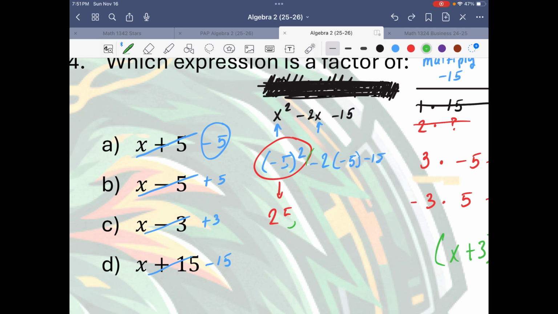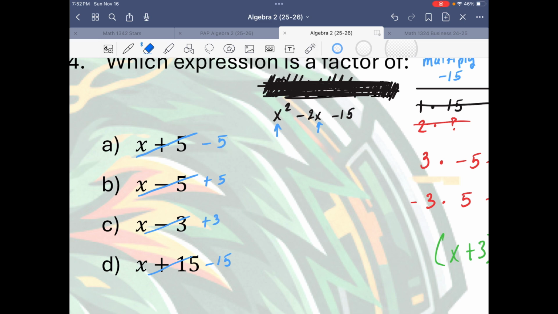There you go. Negative 2 times negative 5, that's a positive 10. And then you bring down the negative 15. If you were to add these numbers together, you're trying to figure out, do you get 0? It does not give you 0. 25 plus 10 is 35, and 35 minus 15 is not 0. That's why that's not the right answer, okay? But we knew that already because I factored it, so then we know that's wrong. So we know the answer is this one.